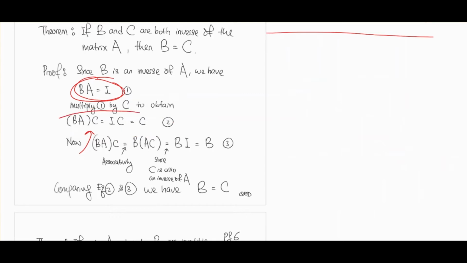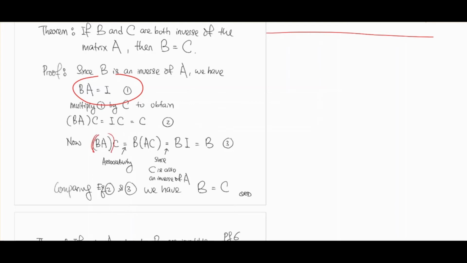So once you get to this, I can look at this multiplication, and let's do AC first. I have BA equals I from the hypothesis. I multiply C across. That's what I get. That's my equation 2. And then I am using the associative property.